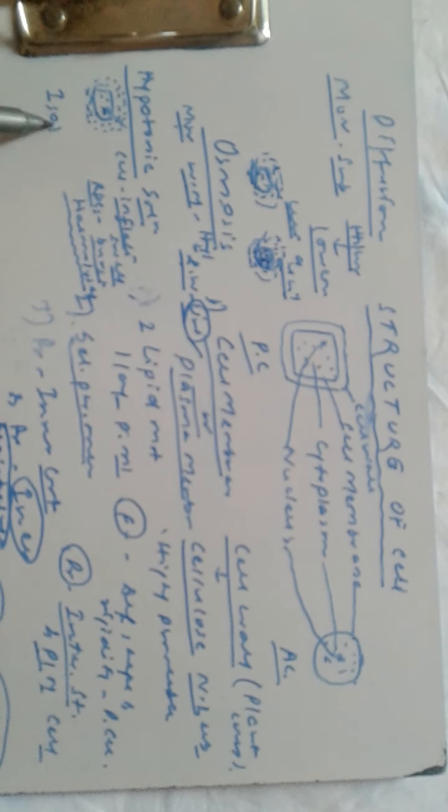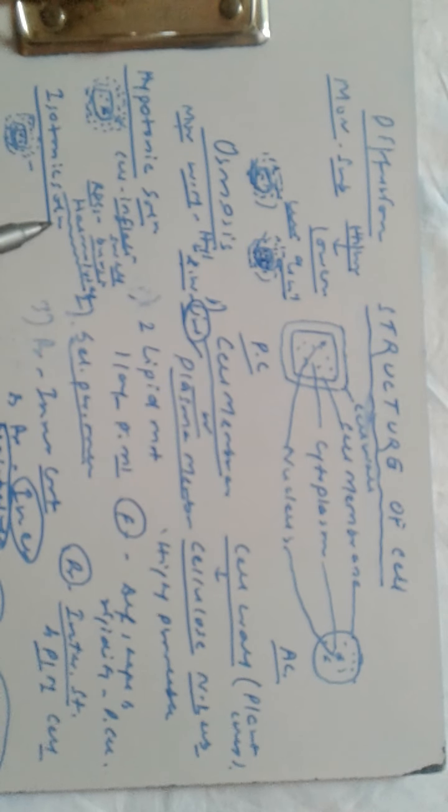Isotonic. Here we find that the medium surrounding this cell has the same concentration as that of this cell.